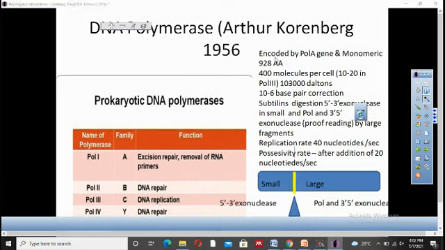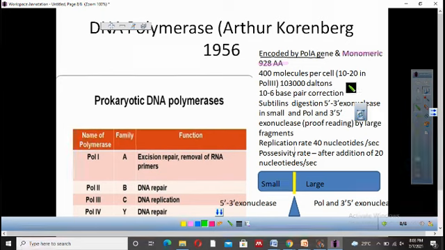It is encoded by one gene, that is called the polA gene, and this is a monomeric polypeptide consisting of 928 amino acids, and inside a cell it has 400 molecules per cell, as compared to Pol 3, which is about 10 to the power 3, or like that.